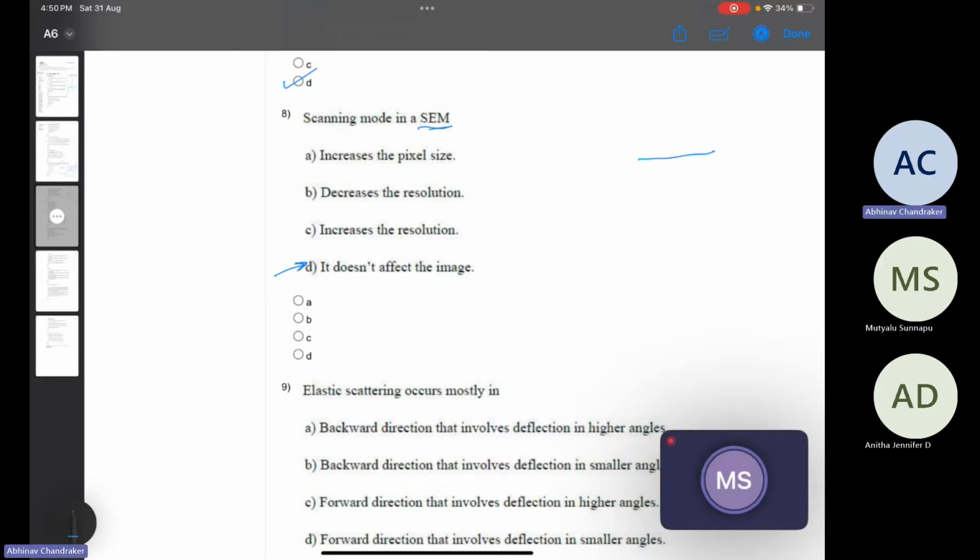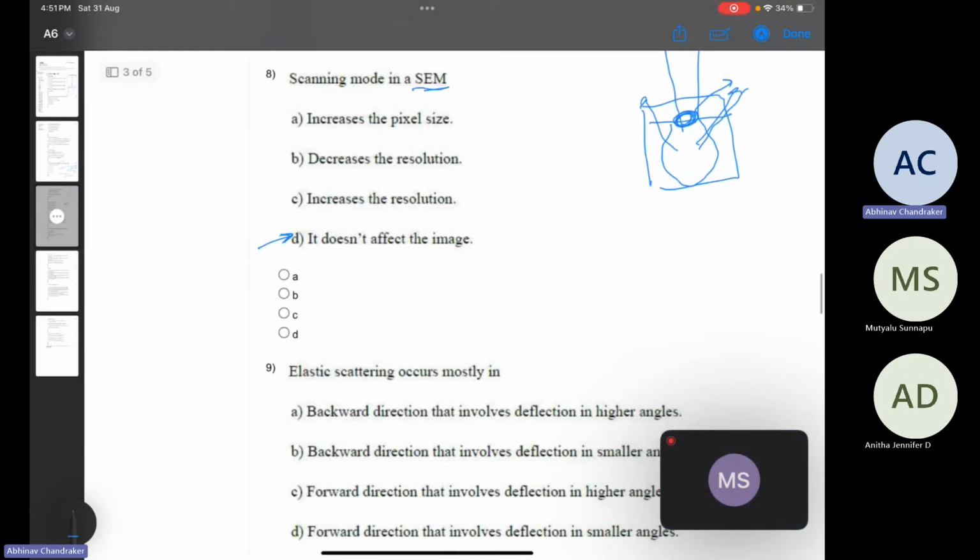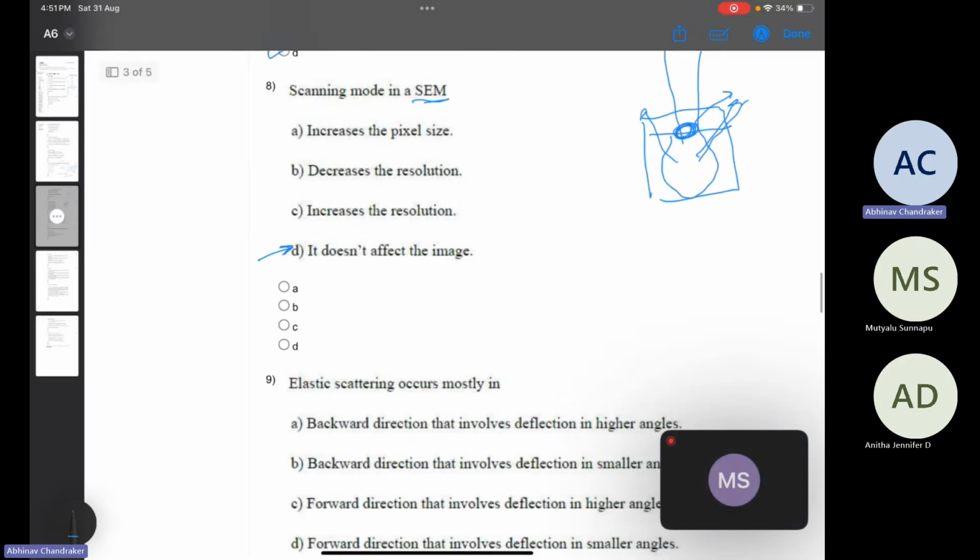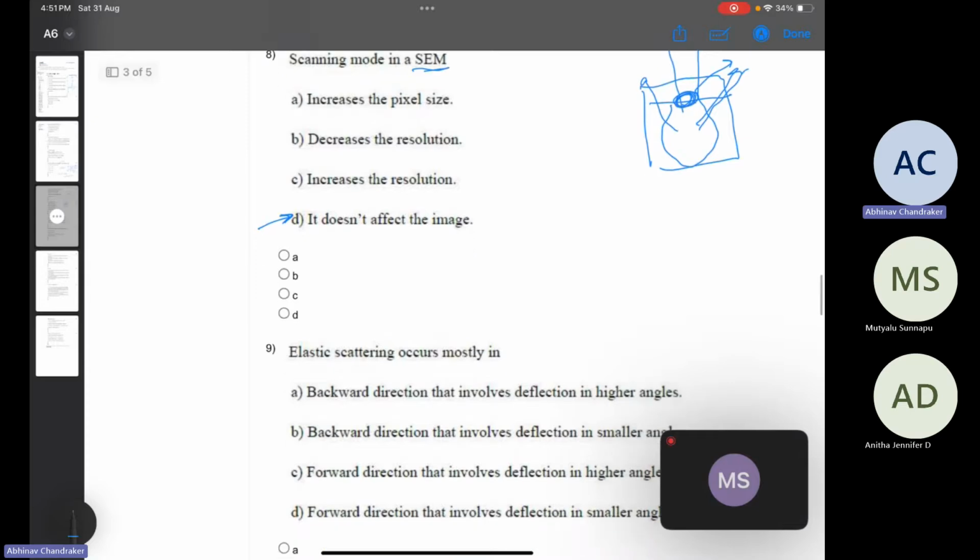This will generate the signals, and also what is the interaction volume or sampling volume from which the signals are coming out. If the interaction volume is more or the probe size is more, in that case the resolution will be less, because information will come from a bigger area. But scanning should not affect it, I think. Also, pixel size should not be dependent on the scanning. So I think it might be D.